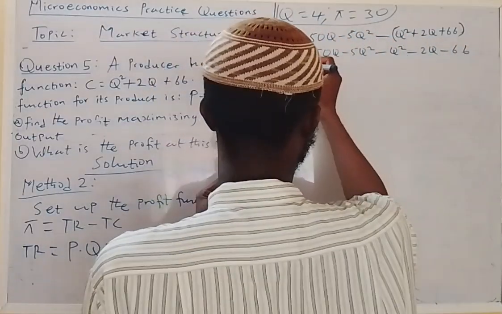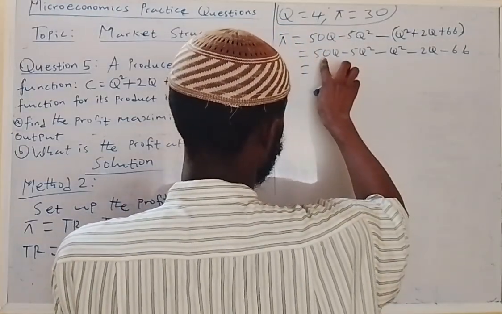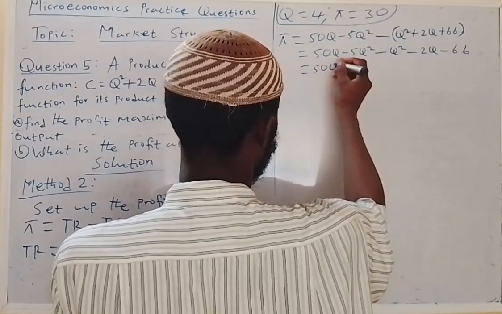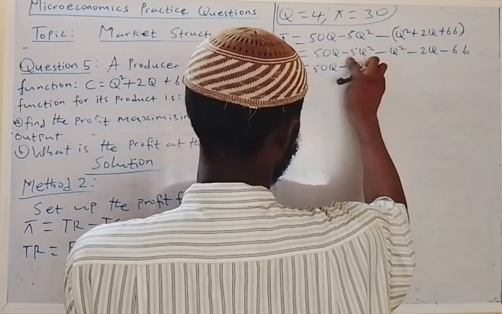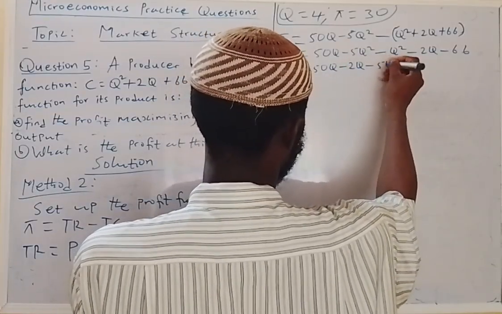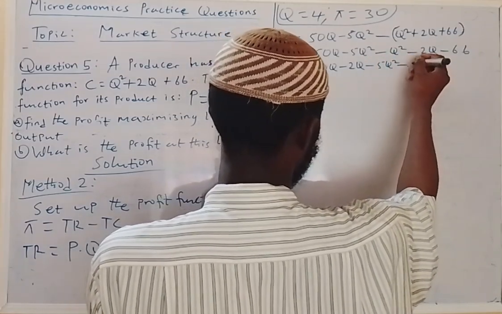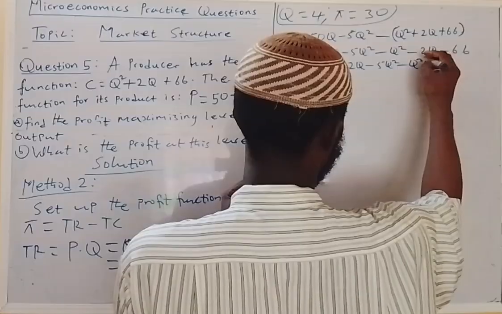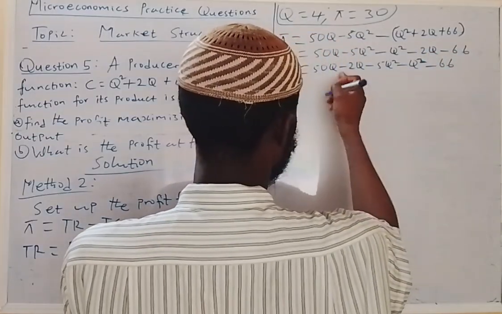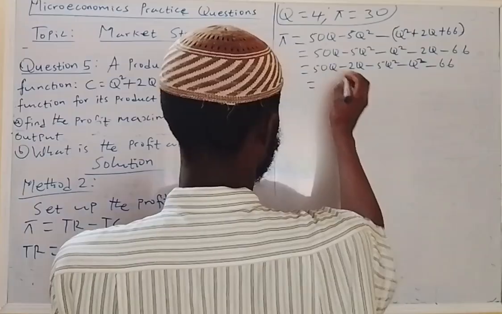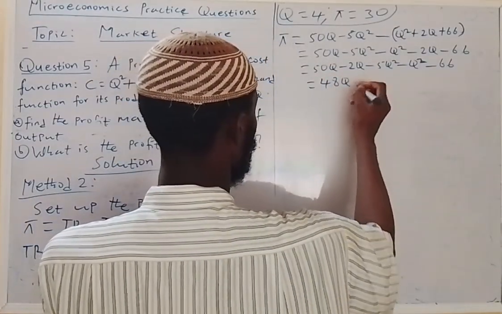Then we can simplify further by collecting the like terms. We have 50Q minus 2Q, which gives 48Q.